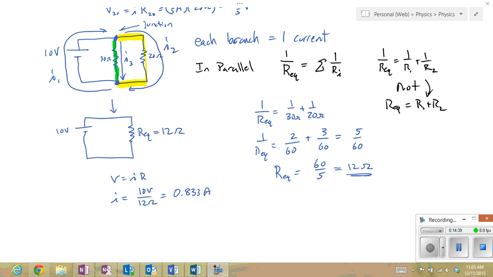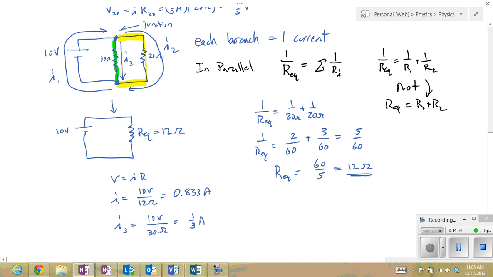So the current in branch 3, as I drew above, would be the 10 volts dropping across the 30 ohm resistor, or 1/3 of an amp. And the current across the 20 ohm resistor would be 10 volts dropping across a 20 ohm resistor, or 1/2 amp. And you'll notice that if I add 1/2 and 1/3 together, they add up to this 0.833.